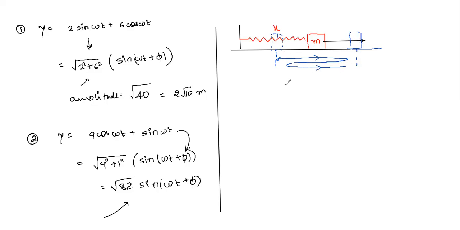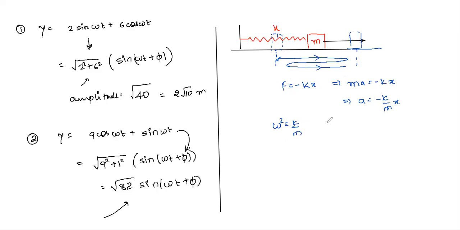And we have already discovered how to write the expression for a general SHM. See here, we have F is equal to minus kx. From here we had ma is equal to minus kx. Therefore, a is equal to minus k by m x, and therefore omega square is equal to k by m.